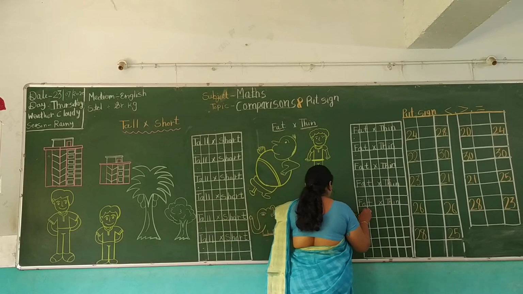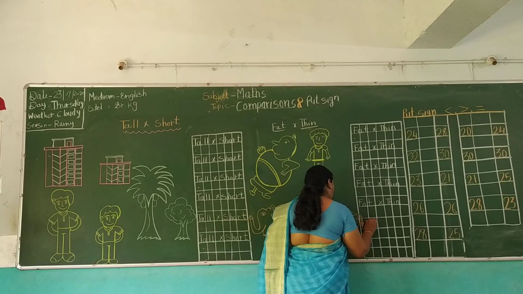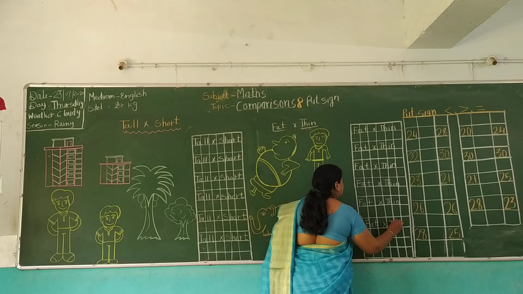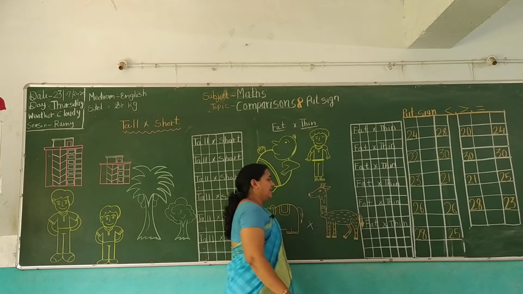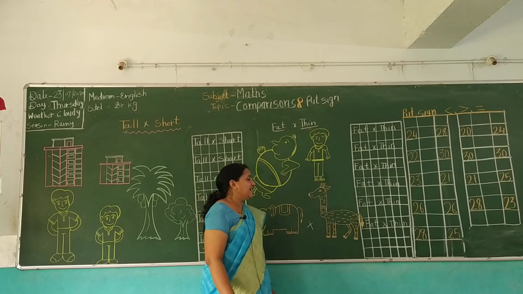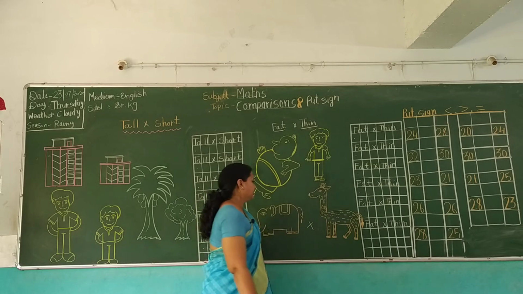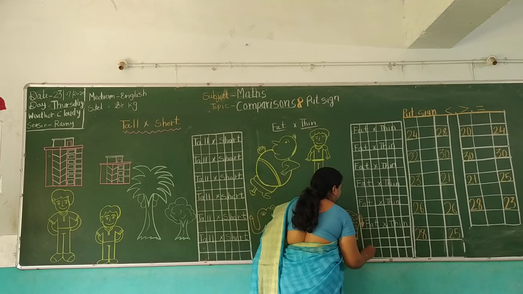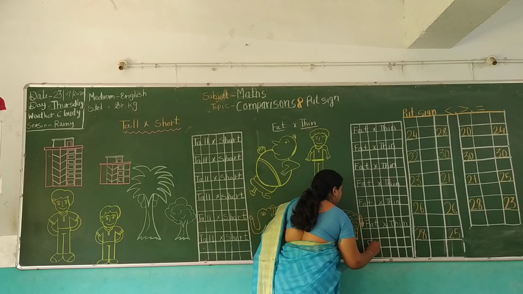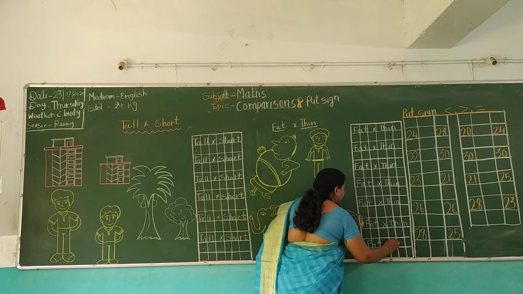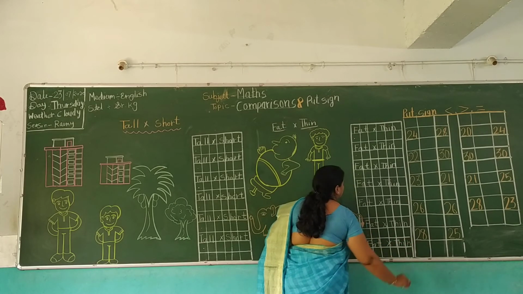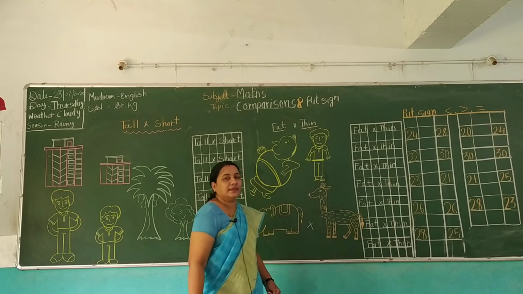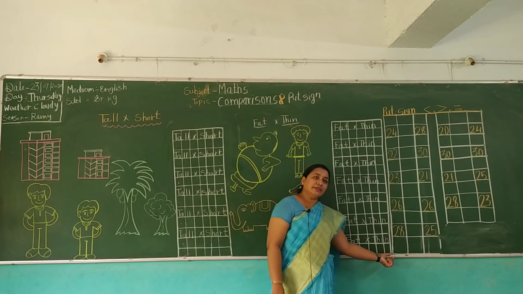Again leave one block, fat, thin. Again leave one block, fat, thin. Fat opposite thin.